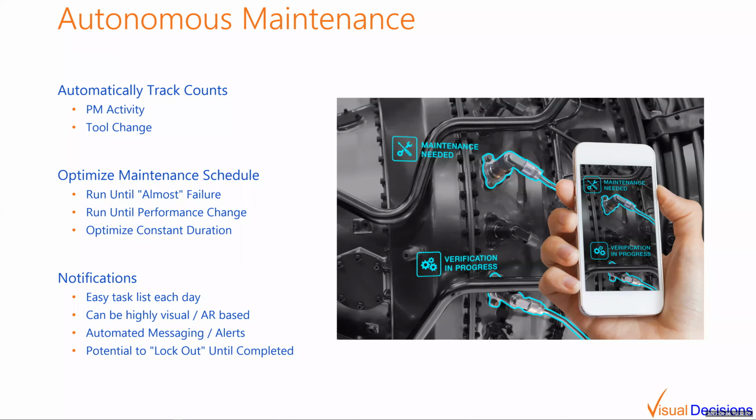Being able to track when it's actually done, and having some feedback to check that off the list and so forth. Being able to change the duration between when different tasks are performed, from being done on a set schedule versus on an as needed basis, and being able to utilize the information from the process to prompt the operator when oil needs to be changed and so forth.